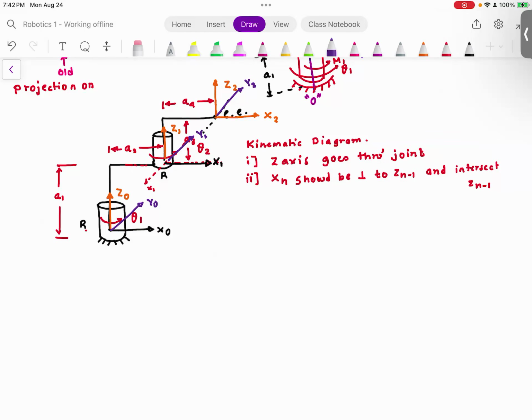So the first rotation matrix is called 0R1.